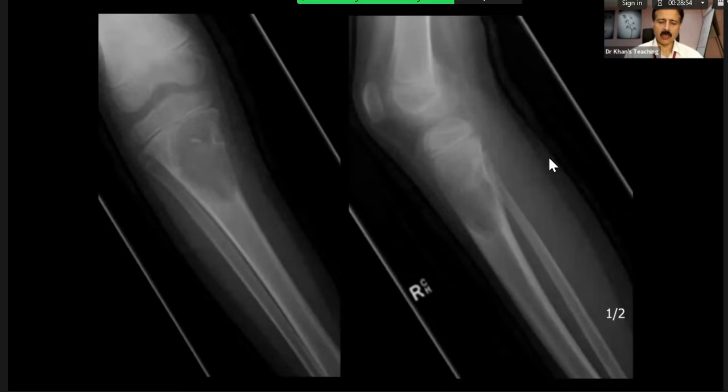So, one of the key things to differentiate between an ABC and simple bone cyst is whether it is central in the medullary cavity versus eccentric. So the classical location, you remember that diagram in Chapman, where simple bone cyst is central and aneurysmal bone cyst is eccentric, and this is slightly eccentric.